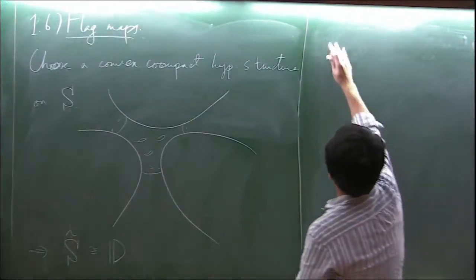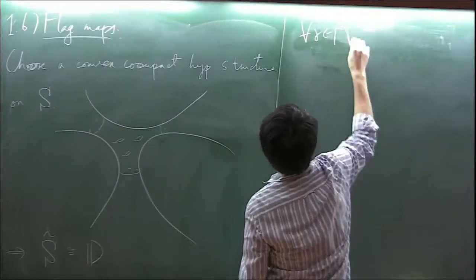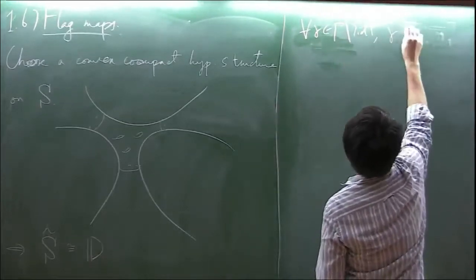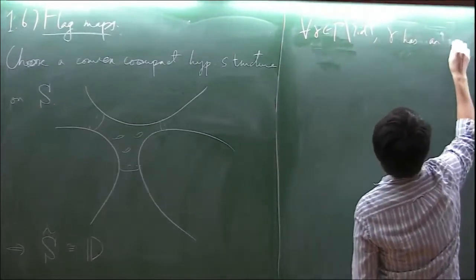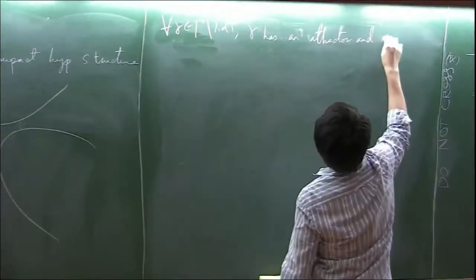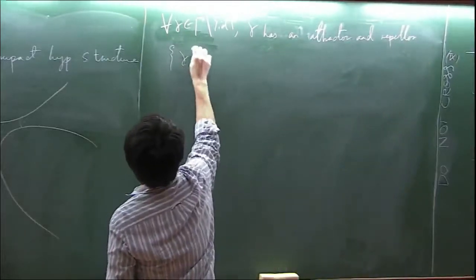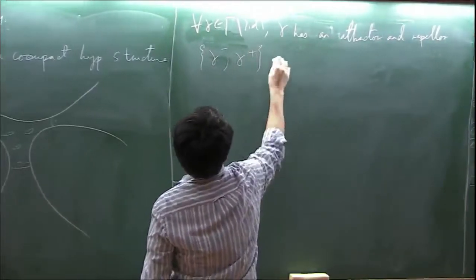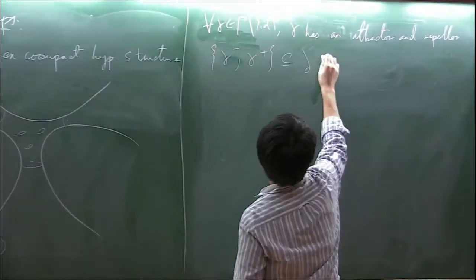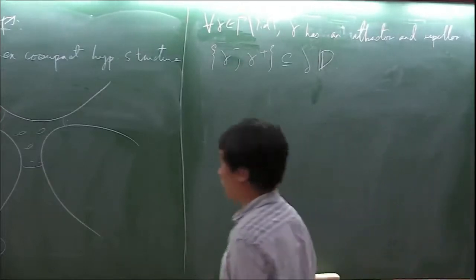Now if you take any non-identity element in gamma, it has an attractor and a repeller, which I'm going to denote by gamma minus and gamma plus, inside the boundary of D. This is north-south dynamics for every non-identity element.